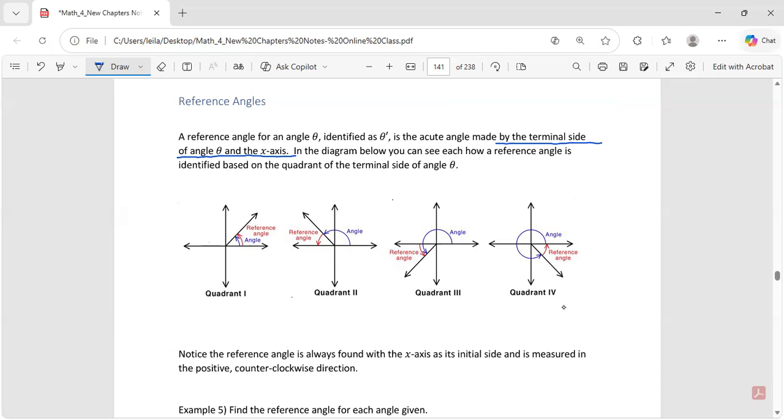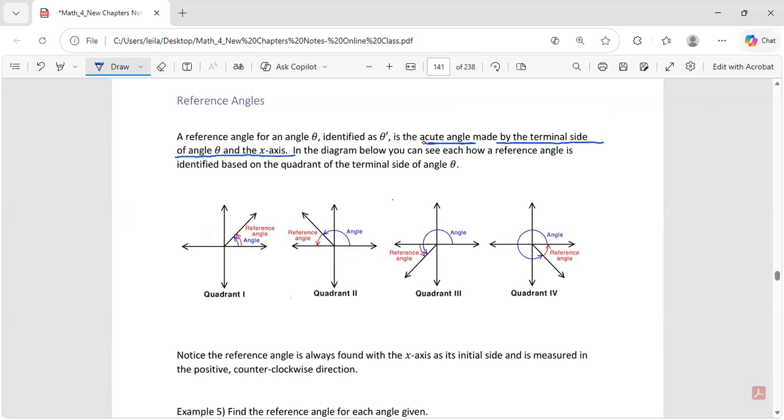It's important to remember that a reference angle is always acute, which means it's less than 90 degrees, and it's always positive. If you can find the reference angle, every trigonometric function that you need for your angle should be the same as for the reference angle, okay?